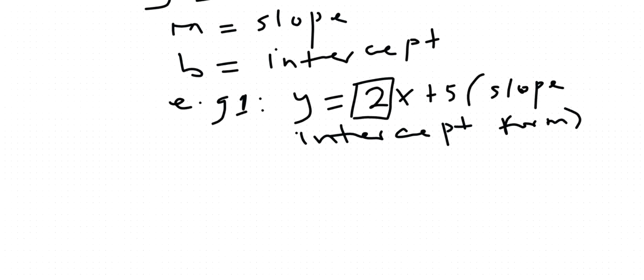Here now, our m, which is the slope, is equal to 2. That's your slope. The 5, which is the constant, is our intercept. 5 is our b or c or whatever anybody calls it.